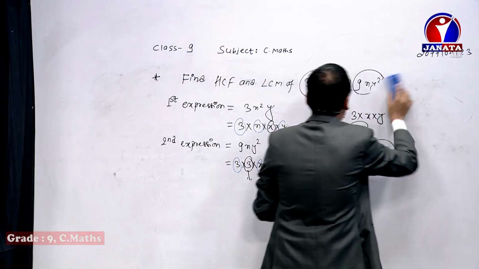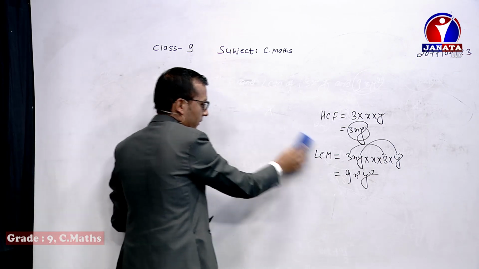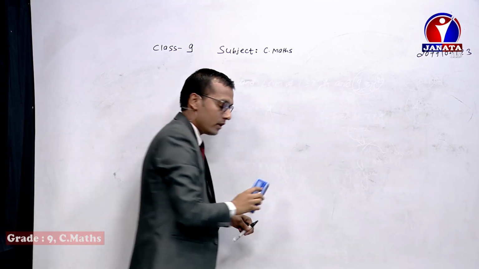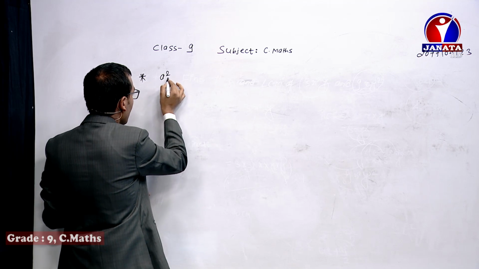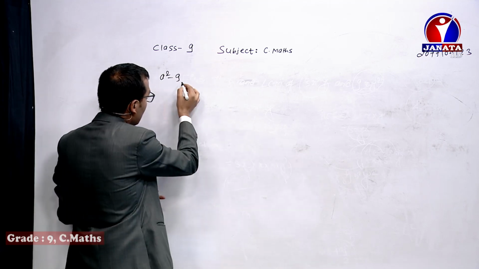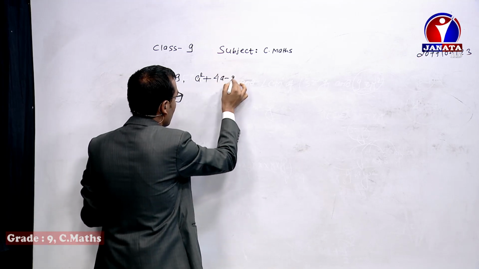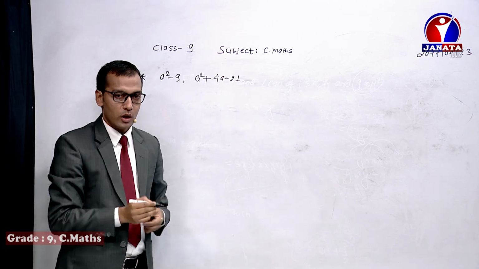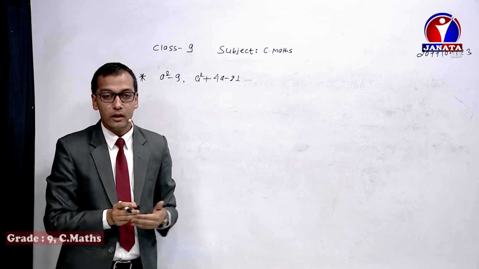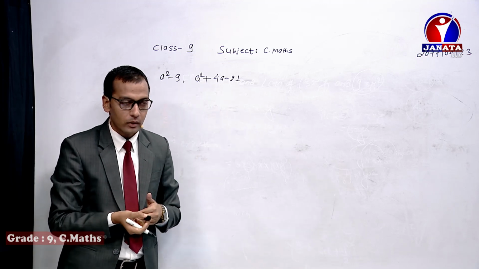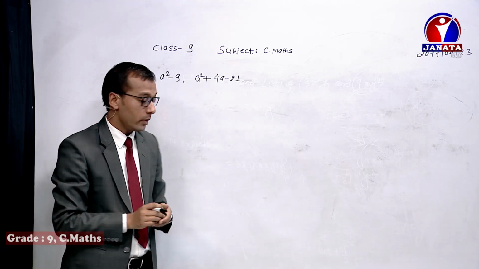Now let me take some other examples of HCF and LCM. Let me write here one example: a square minus 9 and a square plus 4a minus 21, and we are going to find HCF and LCM with the help of these two algebraic expressions.